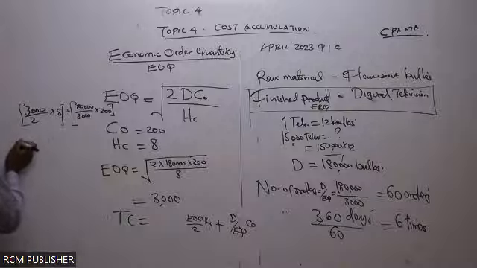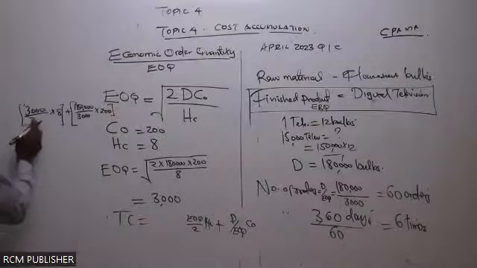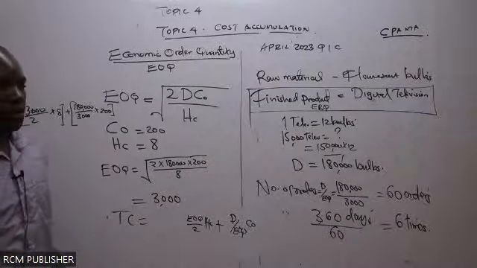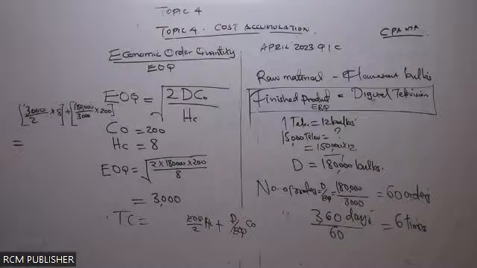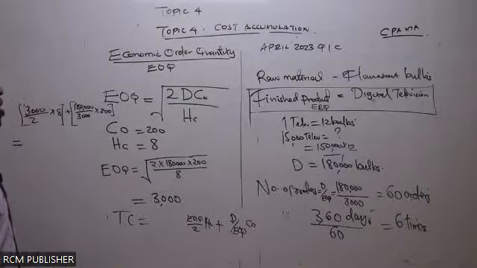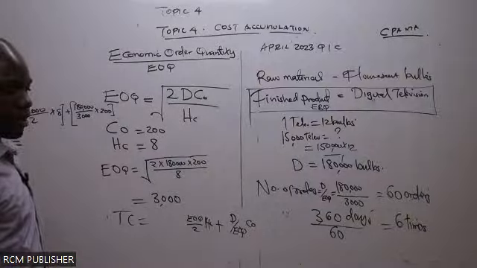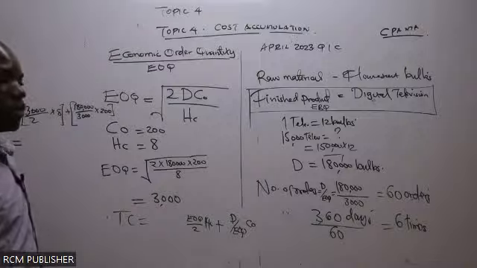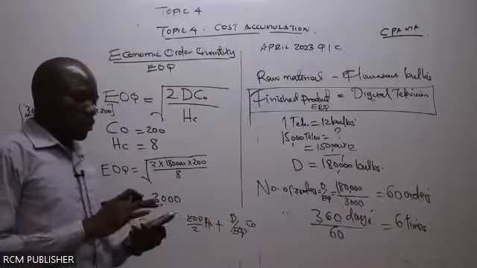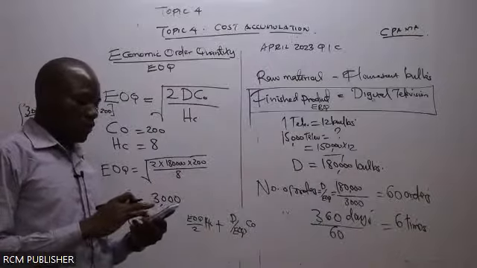My grade students should be able to give me this. This one will be 1,500 by 8. Then you add 60 by 200. Someone should be able to indicate that answer there.